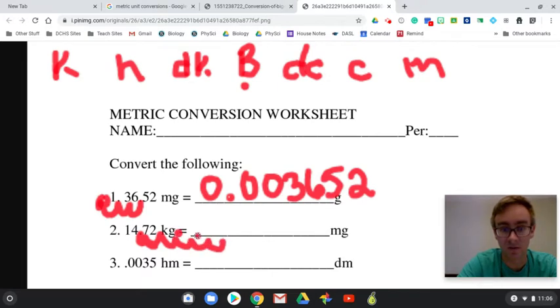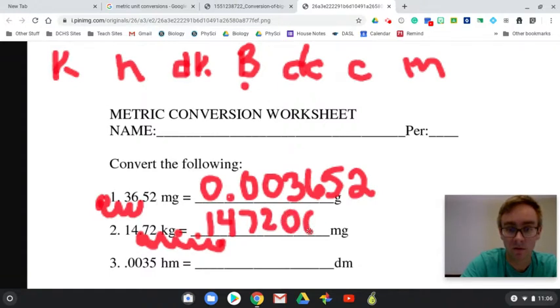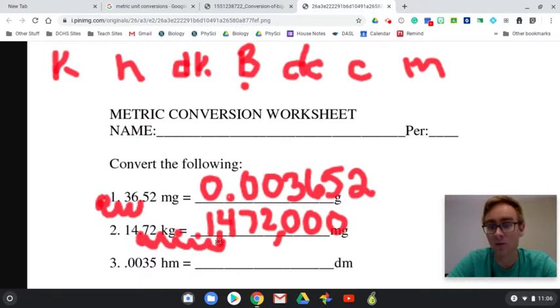So I'd have 3 more zeros added on. So I'd have 14, 7, 2. So that's 1,472,000 milligrams. That's a lot of milligrams, but that's the power of the scale. I wouldn't want to measure something that's 14 kilograms using milligrams, but if I was given milligrams for any reason, I can easily convert it.